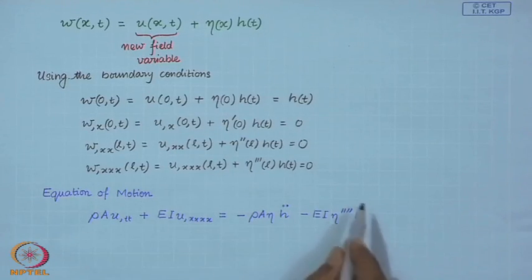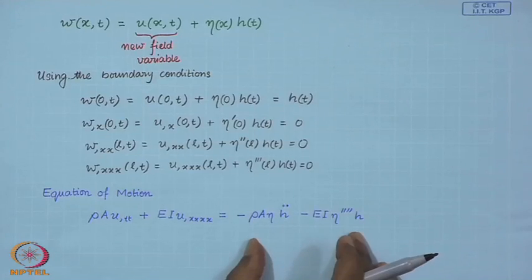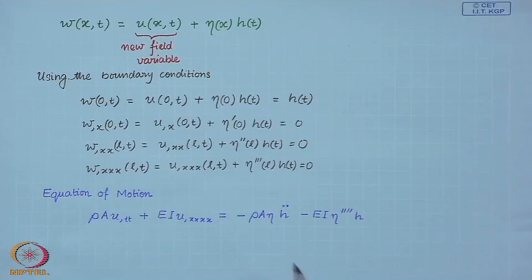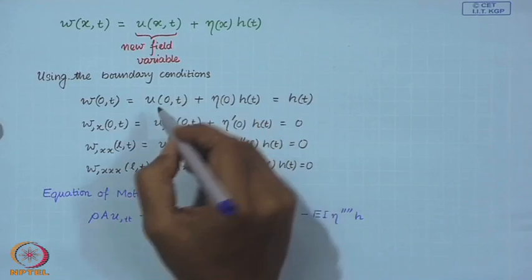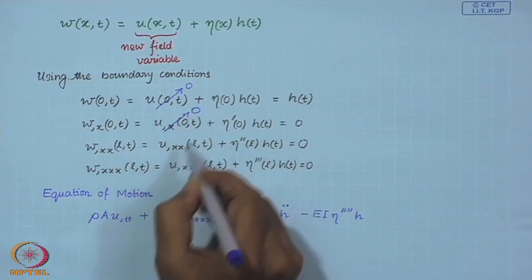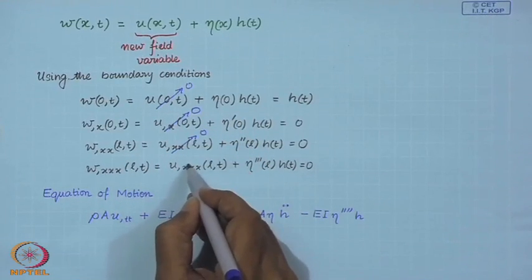Now, we would like to have homogeneous boundary conditions for this equation of motion. The field variable is u, and the right hand side is now in terms of the time varying function h and as yet unknown function eta. So, if you want homogeneous boundary conditions for u, which means that this must be 0, so these are all 0.